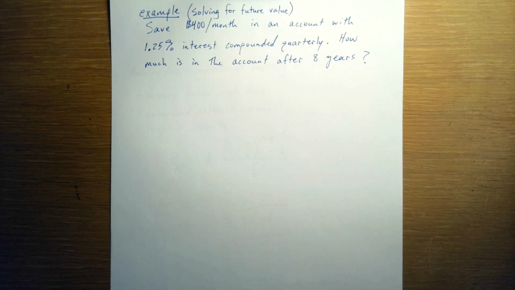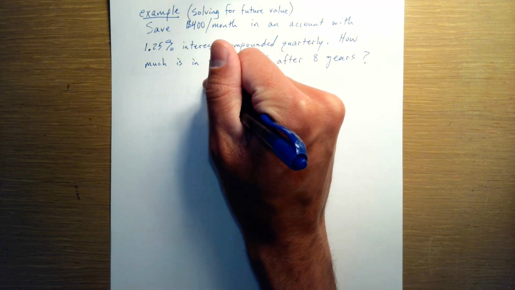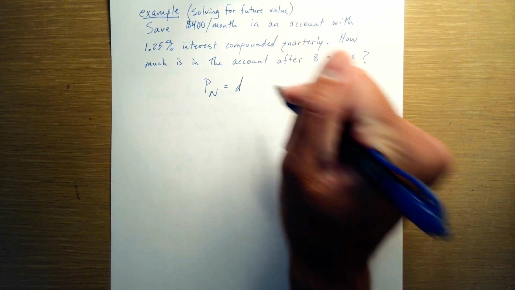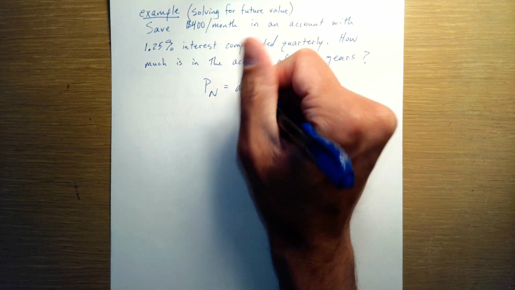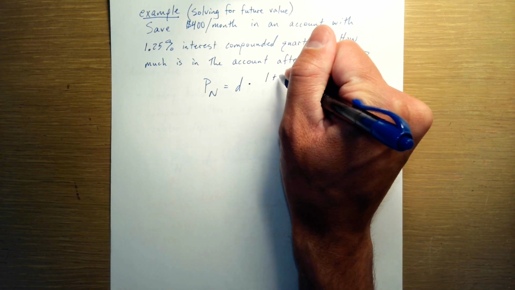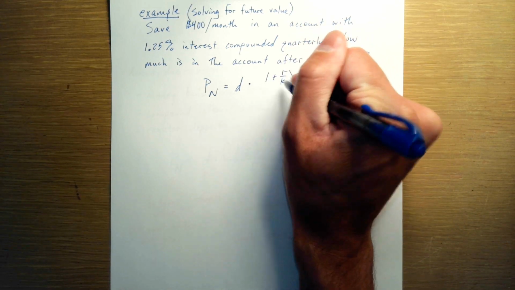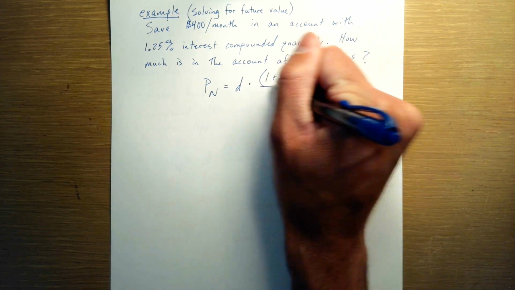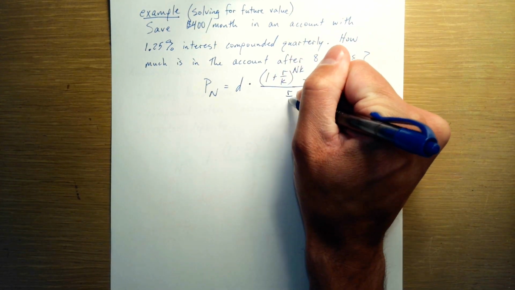So we need to use our formula, and just in case you don't remember it, I'm going to write it here. So the future value is equal to the deposit times this big messy fraction, which is 1 plus r over k raised to the n times k power minus 1, all divided by r over k.